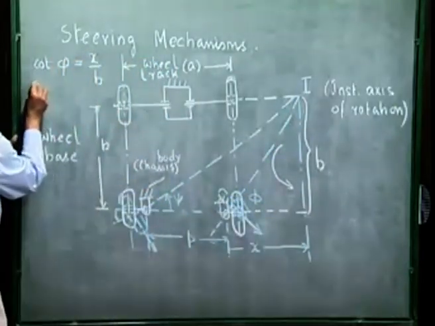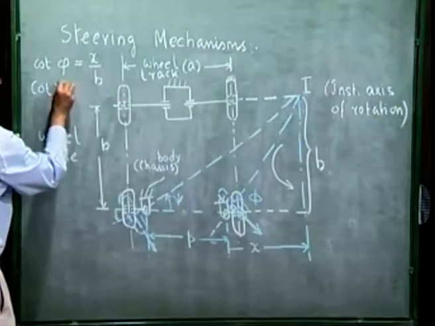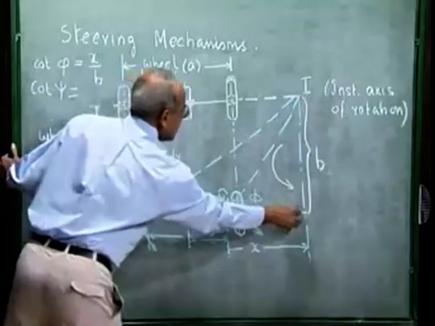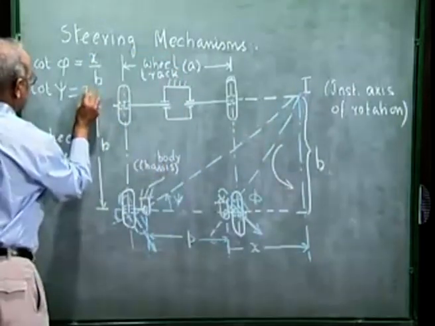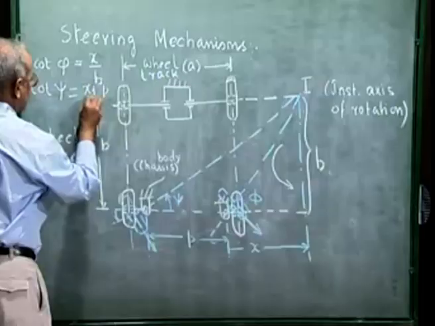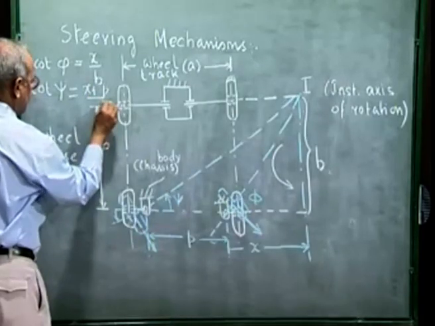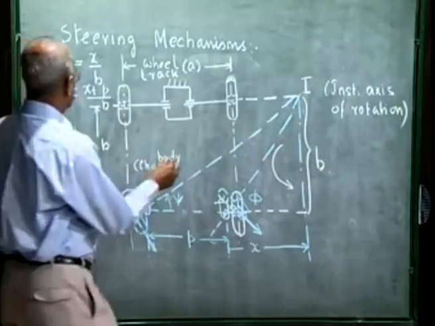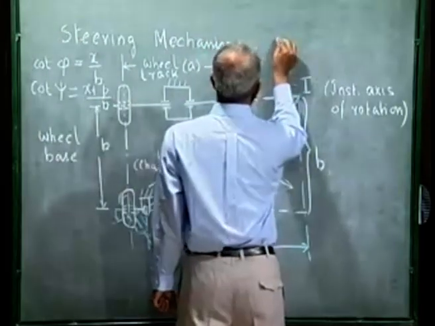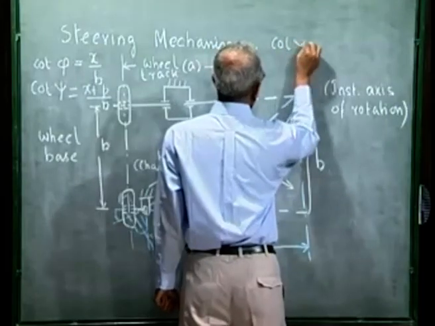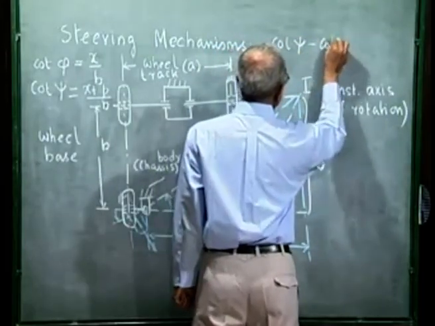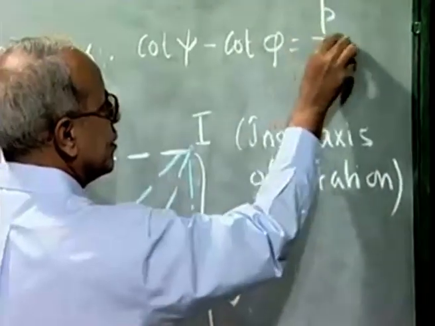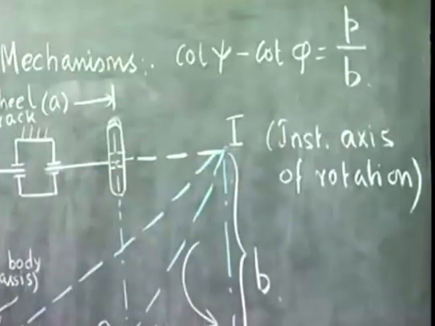Similarly, cot psi is x plus p divided by b. So, if I subtract, we are getting cot psi minus cot phi is p by b.